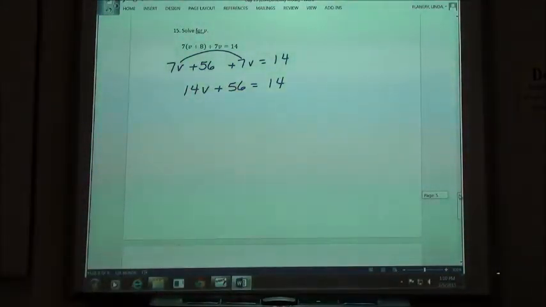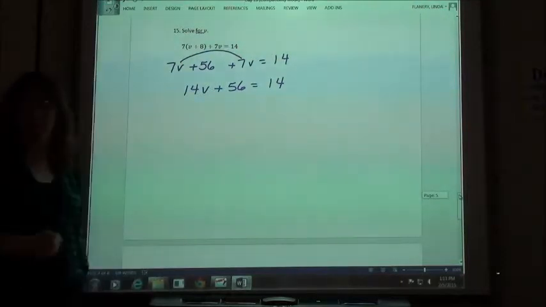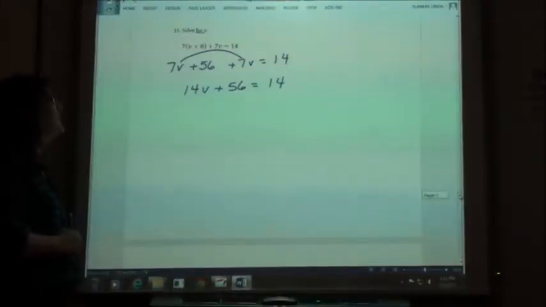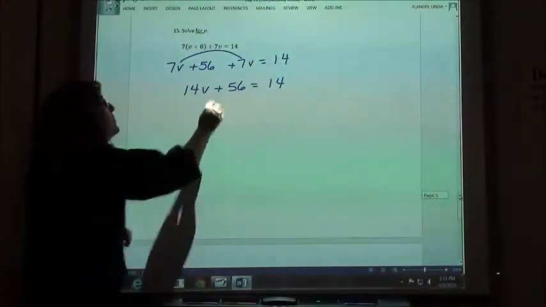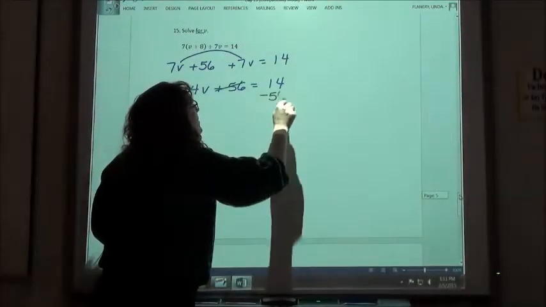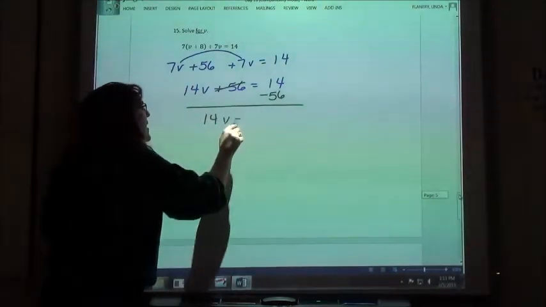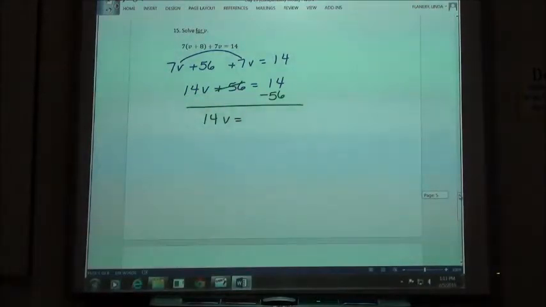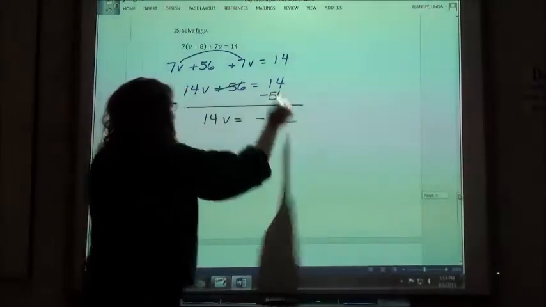So then, if I'm going to solve that for v, the next thing I want to do is minus the 56, right? We got to move that over. It's a plus, so we make it minus 56. 14v equals, if you take 14 minus 56, you are going to get negative 42.